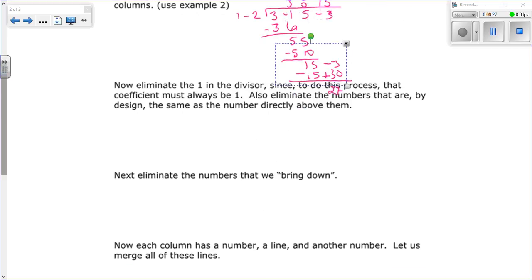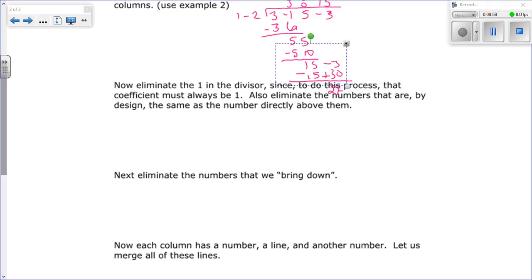I apologize. Now eliminate the 1 in the divisor, since to do this process, that coefficient must always be 1. Also, eliminate the numbers that are by design the same as they are directly above them. Basically, the numbers that ended up being the same when we subtracted, we get rid of those.